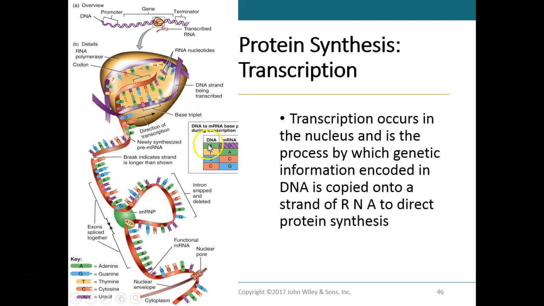Now remember, in DNA we have A's, T's, C's, and G's. In RNA we swap. That T is now a U. So here where we've got an A on our DNA, we put a uracil. Here where we've got a thymine, we put an adenine. Where there's a guanine, we put a cytosine, and a guanine, an adenine and a uracil.